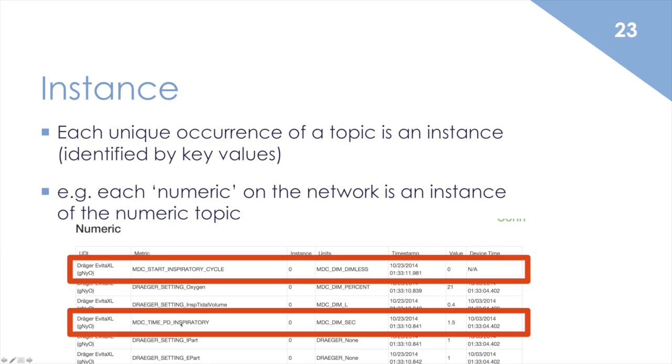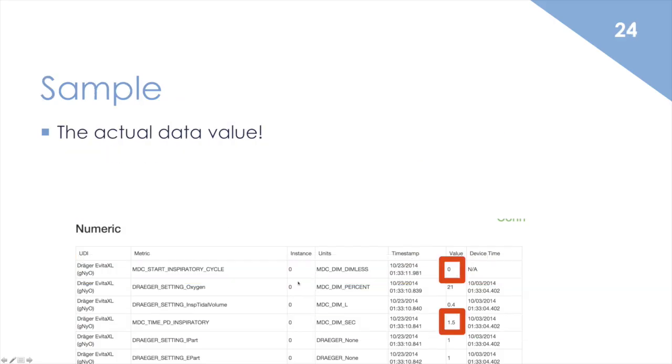So if new samples were to arrive, they would replace the most recent sample for this instance, but we would know that that's not related to a different instance, such as the inspiratory tidal volume or the inspiratory part. As I've mentioned before, samples are the actual data values that arrive for each instance.